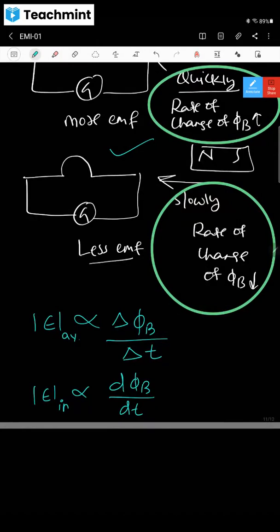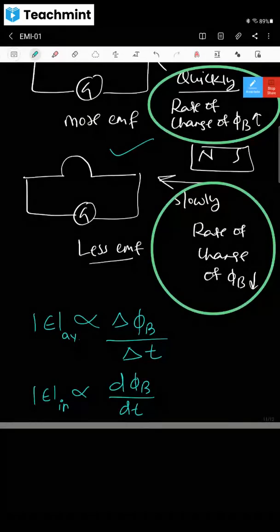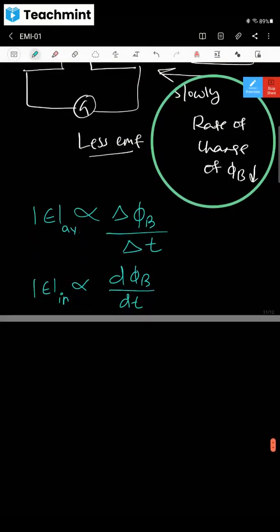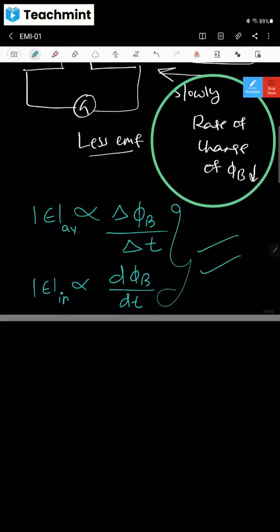I will come to that. I will explain all those things as the chapter proceeds. In this class, if you understood Faraday's laws of electromagnetic induction, that is more than enough. Now, moving forward, this formula is understood or not, dear children? Yes, sir.